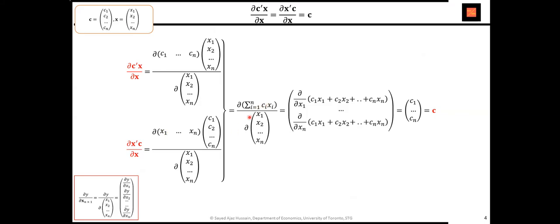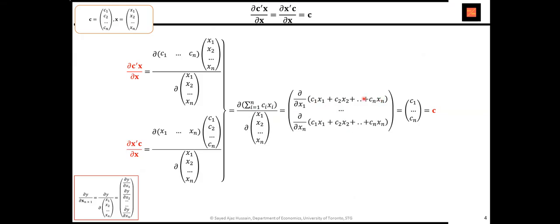Now what you want to do is, here's a derivative of a scalar, right? Just like we saw 2 seconds ago, with respect to a vector. So the rule was d scalar with respect to each of the elements of x, x1, x2, and so forth. So I differentiate the scalar with respect to x1, and keep going until I differentiate the scalar with respect to xn.